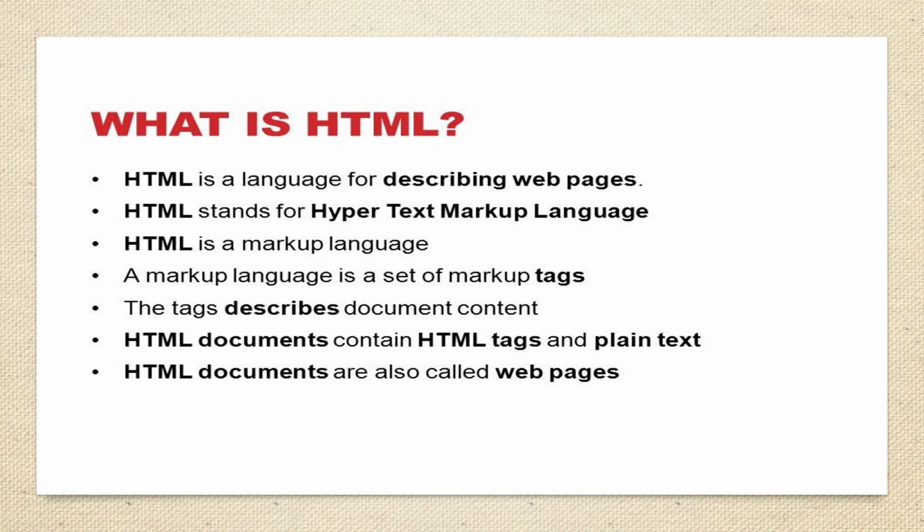A markup language is a set of markup tags. The tags describe document content. HTML document content is HTML tags and plain text. Plain text is generally written inside a body. So you'll understand what is a body and head, everything in the structure of HTML. HTML documents are also called web pages.